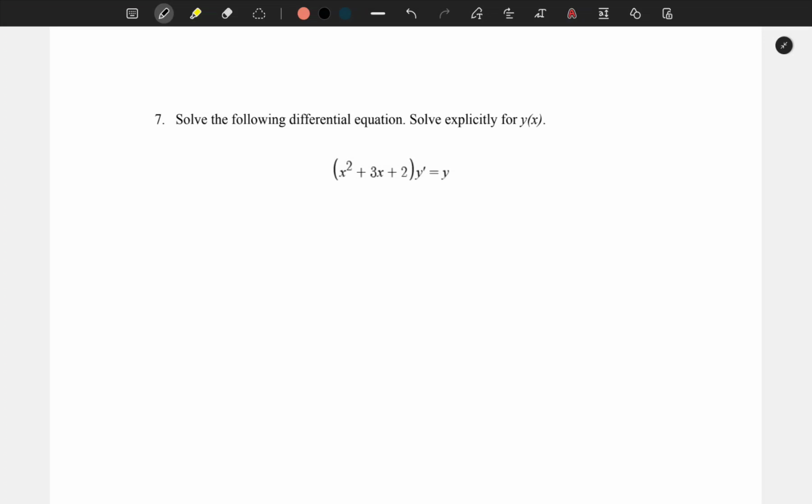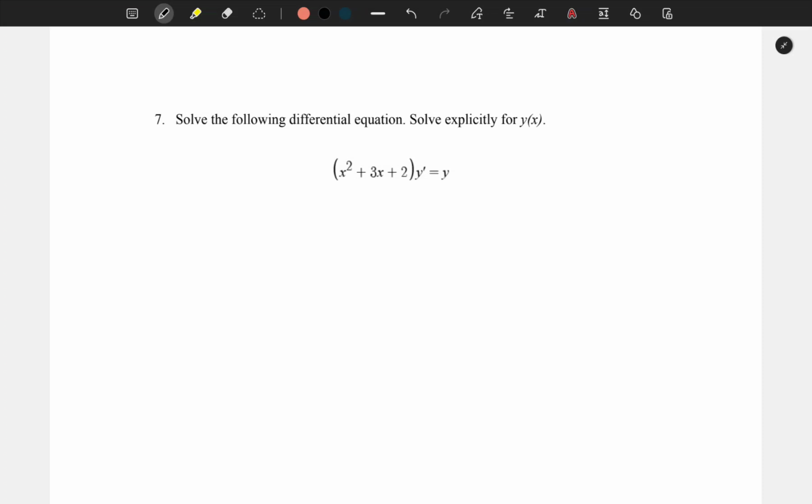So if it doesn't state what type of method we have to use, we want to check whether or not it is separable. So how do we check that? All we have to do is see if we can get all the y's on one side and all the x's on the other side. So let's dive right into this problem.